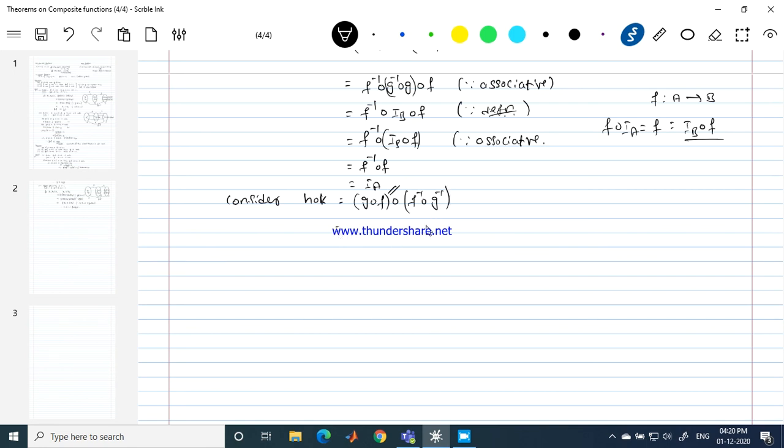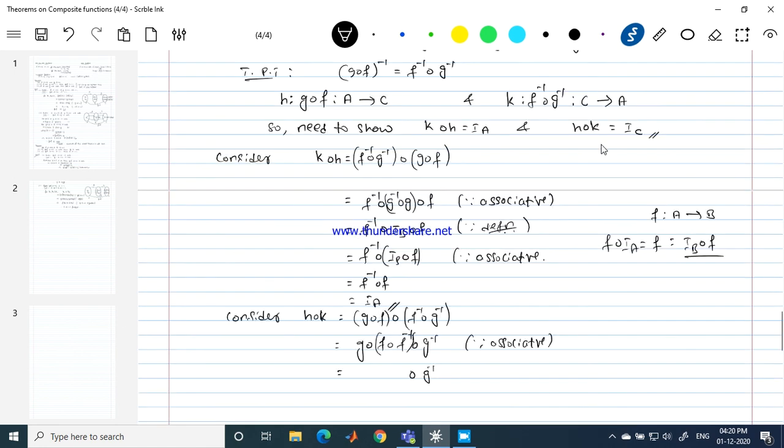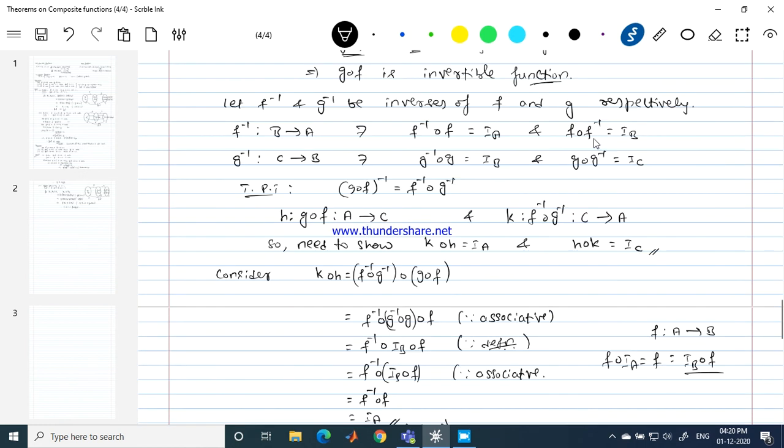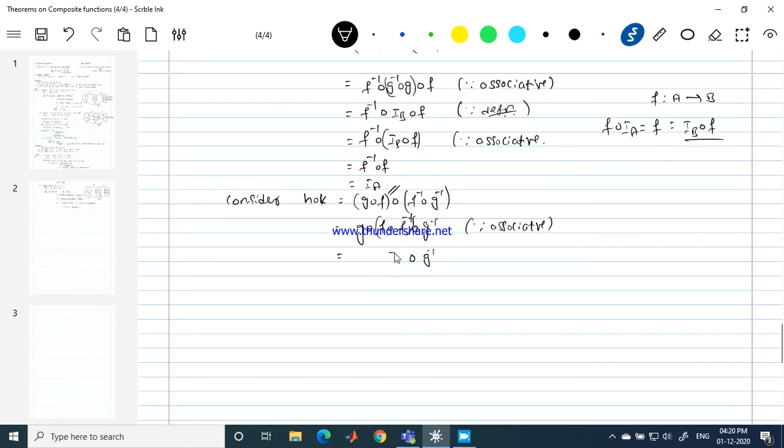Just like the previous result, by using associative property, I will combine F inverse and F. So G inverse composition F inverse composition F is nothing but IB. It is IB composition G. Now I can group once again, this is from the definition.